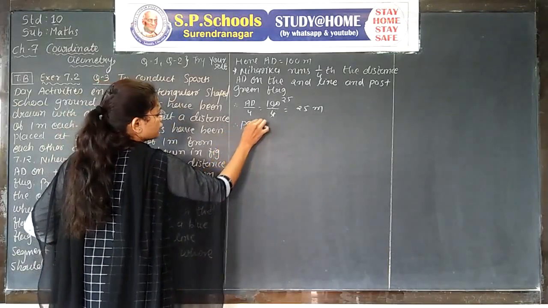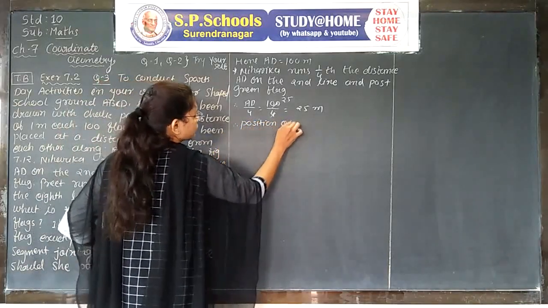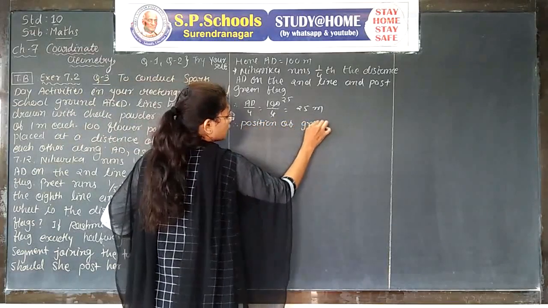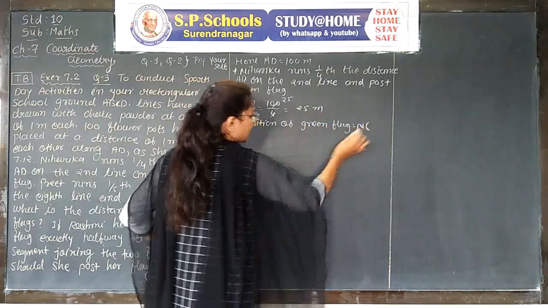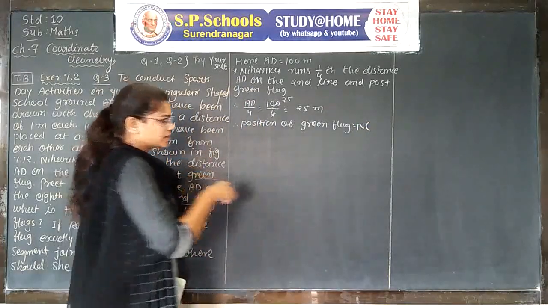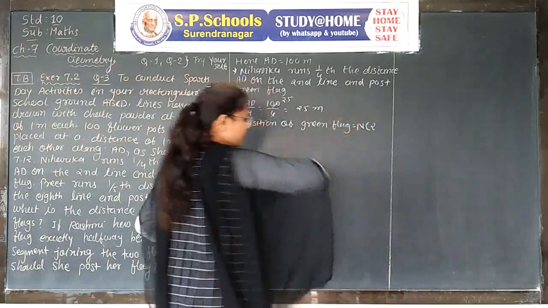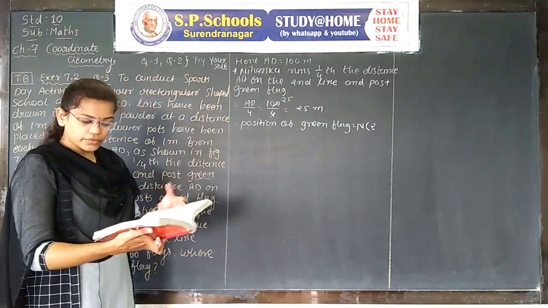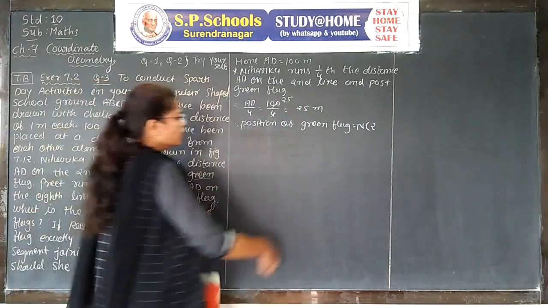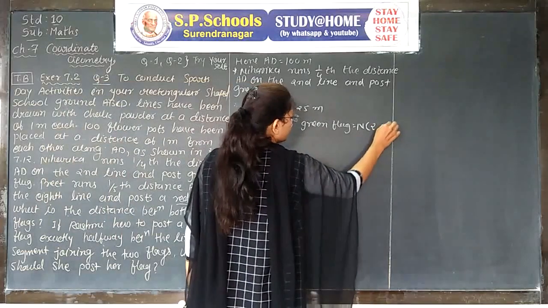Therefore, the position of the green flag posted by Niharika is N (2, 25), because the second horizontal line represents the x coordinate in our figure 7.12.